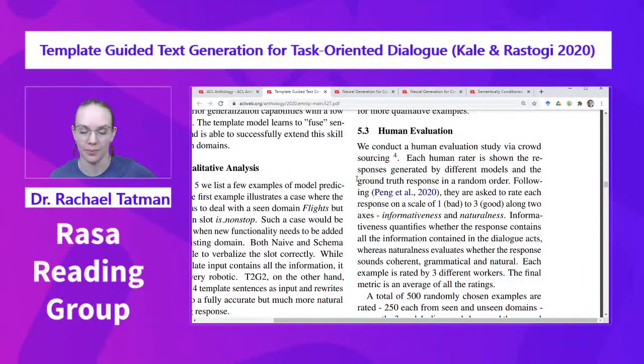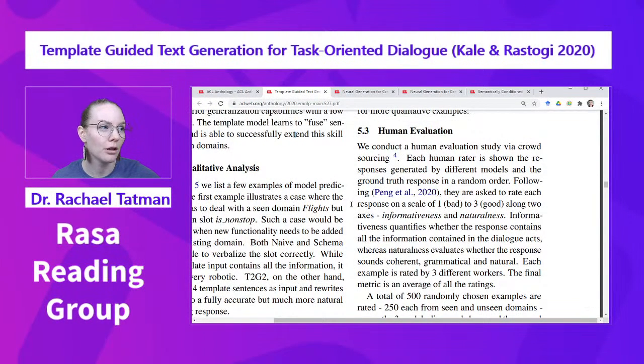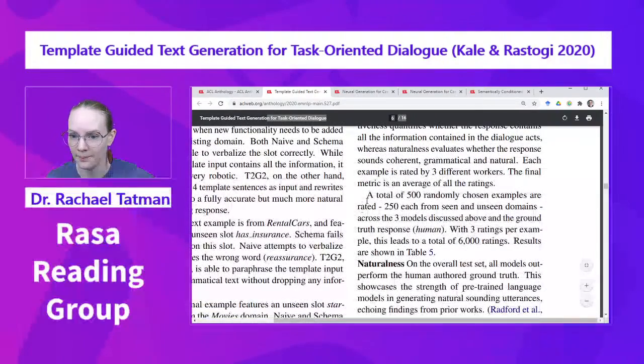I do really like that they are peeling apart naturalness and informativeness because I think that's something that, especially with neural language generation, can be a little bit misleading. If you just ask how good it is and people say, well, yeah, it sounds like a human would say that, but it's very factually incorrect, then that's not super helpful in this particular application. So I do like that they do that.